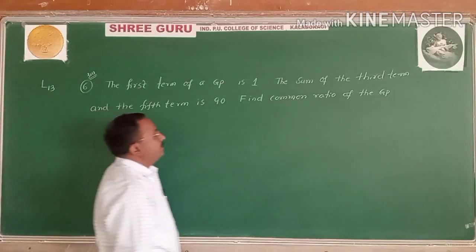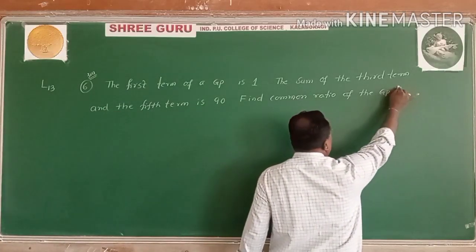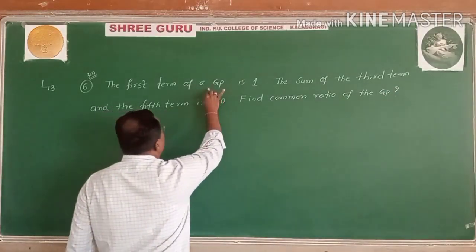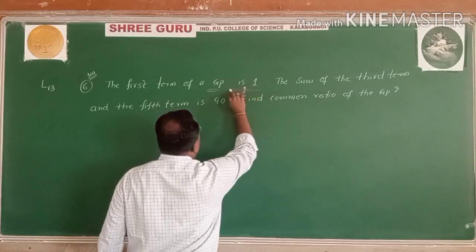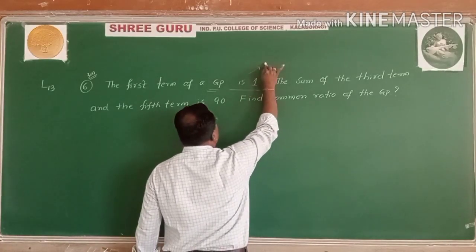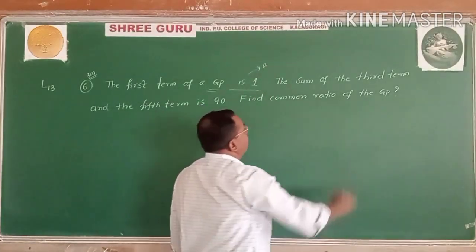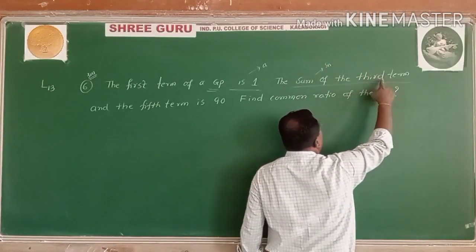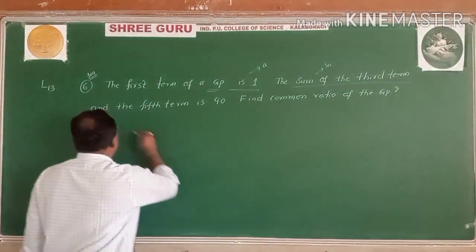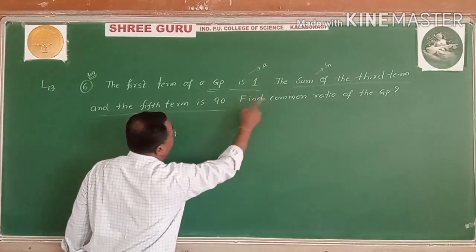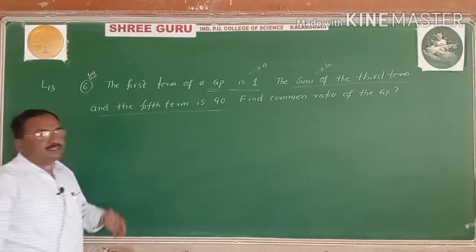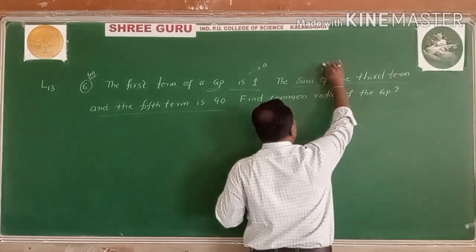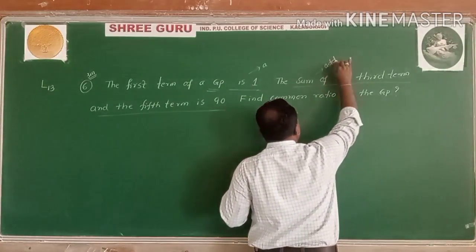Here we have to find R. Given what? This is a GP, the first term is A. And sum means add, not Sn.